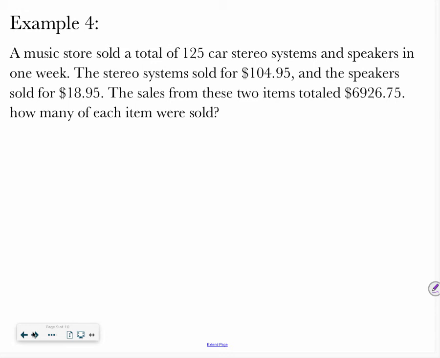So the first thing we are going to do: a music store sold a total of 125 car stereo systems and speakers. Okay? I'm going to call this X and this Y. Put together, I sold 125 of my car stereo systems and speakers.